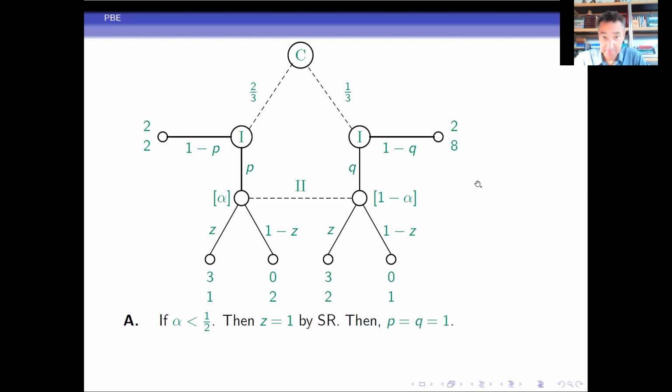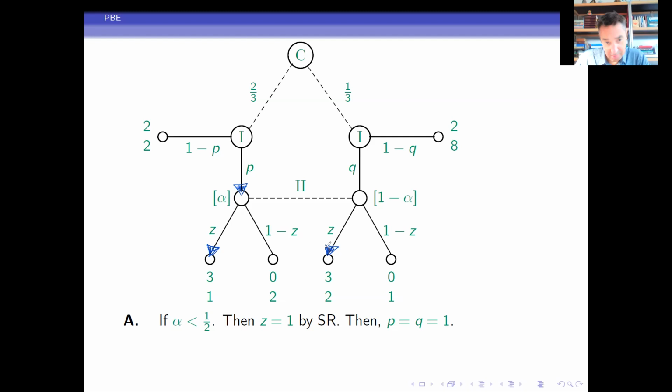And now what you can do is actually compute, because we're not done yet. You might think, okay, now we know everything. Now we know that player 1 goes here, and player 2 moves over here.